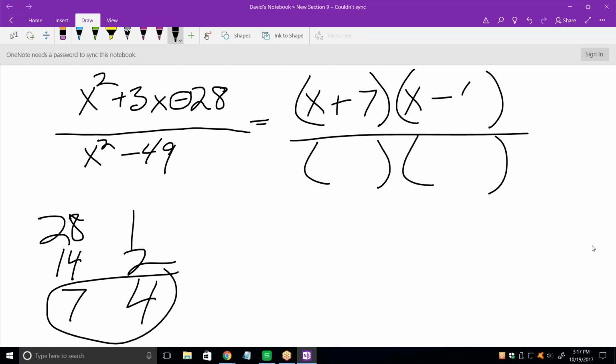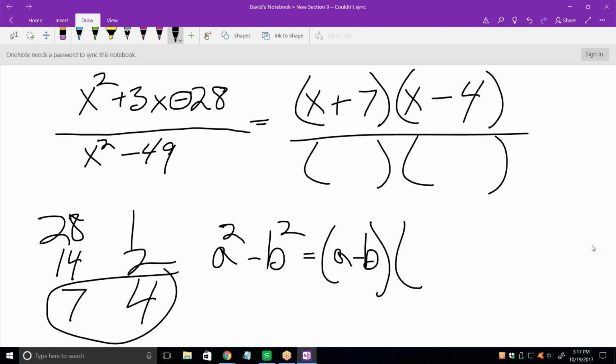You got it. Now, the bottom one is not a typical factoring. It is what's called difference of perfect squares. In other words, if I have a squared minus b squared, that's the difference of perfect squares, it always, 100% of the time, factors into a minus b times a plus b.